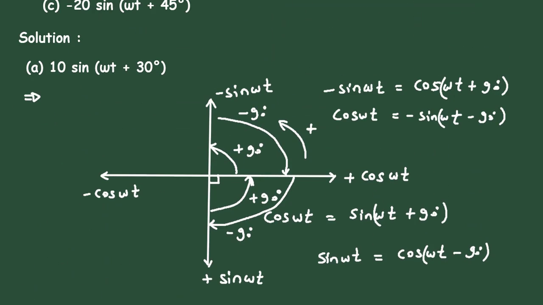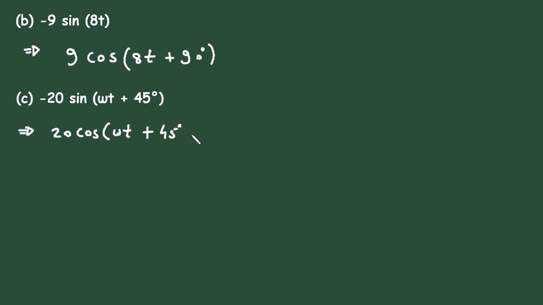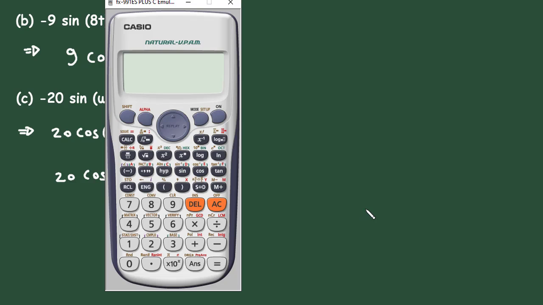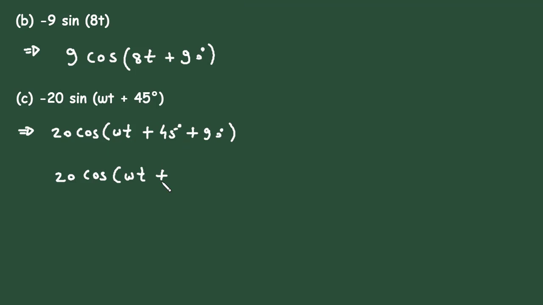So again the same formula, minus sine omega t to cos omega t. Here we have to add 90 degree to it. Now this will be 20 cos omega t, and this will be 45 plus 90 degree, which is 135. So plus 135 degree. This is the final answer for this question.